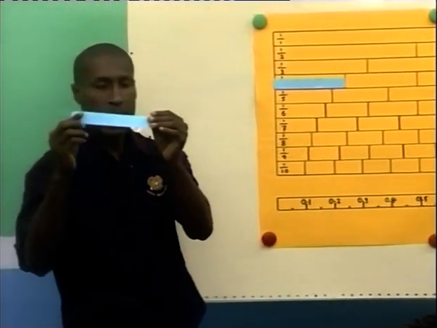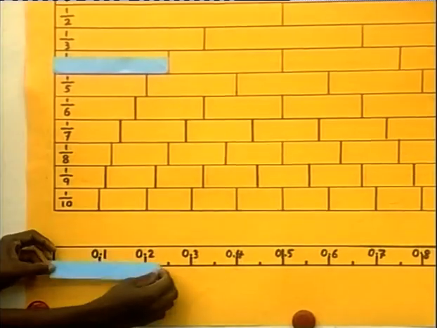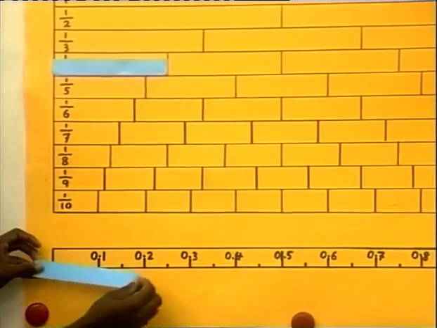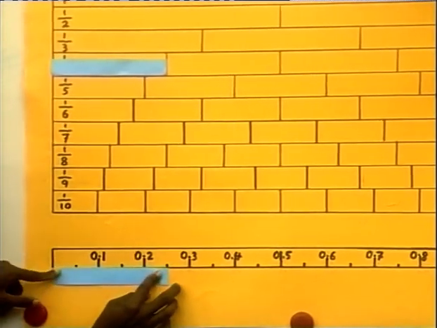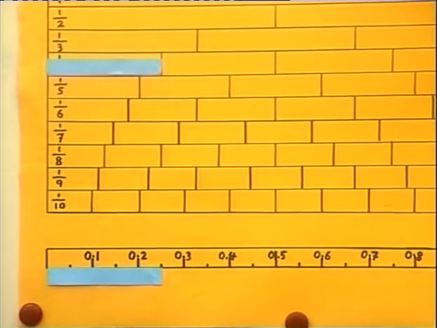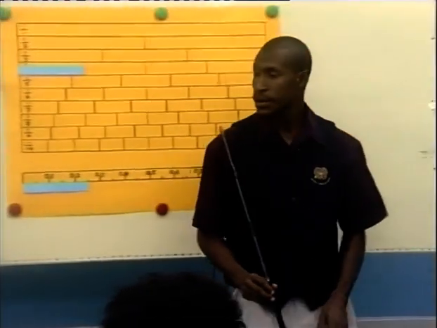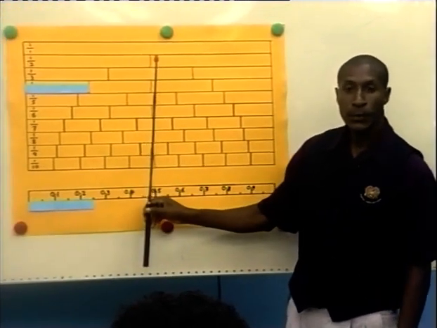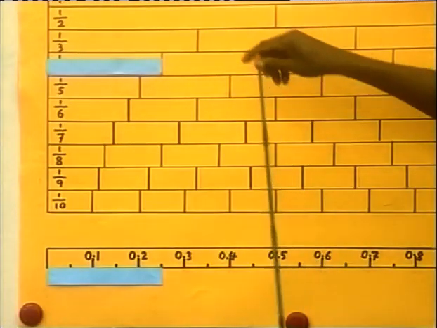Now, I will put this strip of paper on the scale here. Receiving students and ATs, is 0.25 the same as 1/4? Yes, you can see.